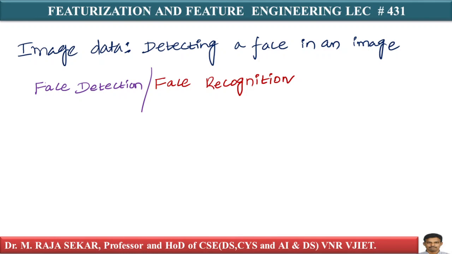Detection is different from recognition. In detection we ask, is there a face in the image or not. In recognition we ask, does the face in this photograph belong to a specific person or not.